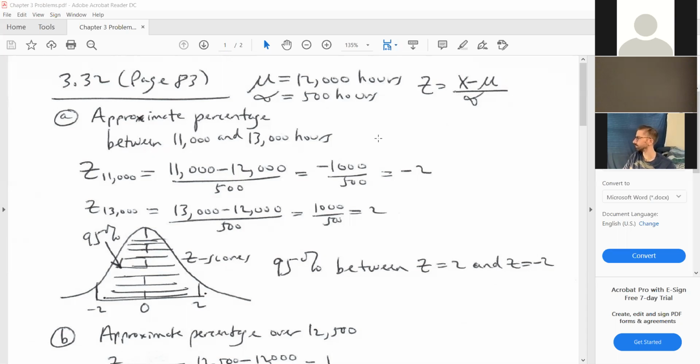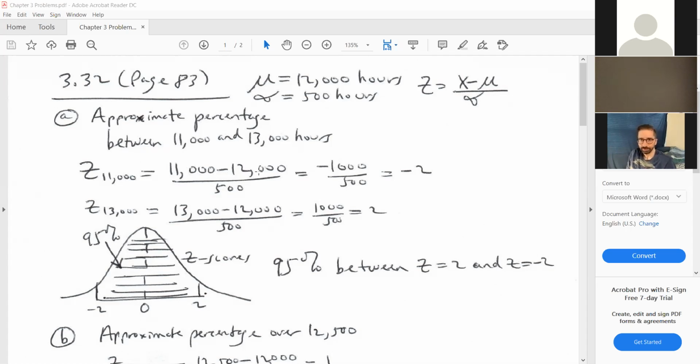All right, so this first question said to approximate the percentage of data, or I guess the percentage of light bulbs in general, that would be between 11,000 hours and 13,000 hours. So the easiest way of doing this is to convert each of these raw scores or raw values, the original values, into z-scores, standard values. So the 11,000, notice I said z 11,000 just so you can see the notation.